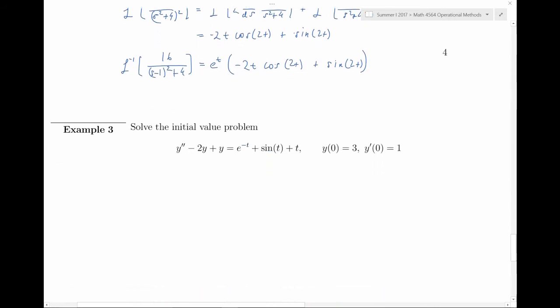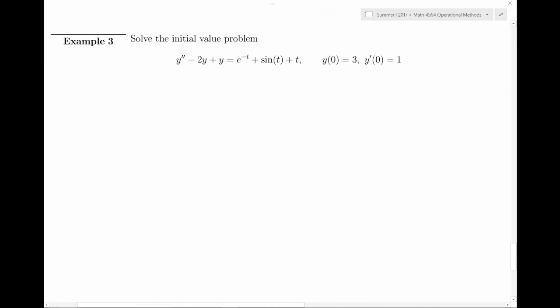The last problem that I want to consider today is an initial value problem with a somewhat complicated right hand side. Just as before, we're going to compute the Laplace transform of the left hand side.